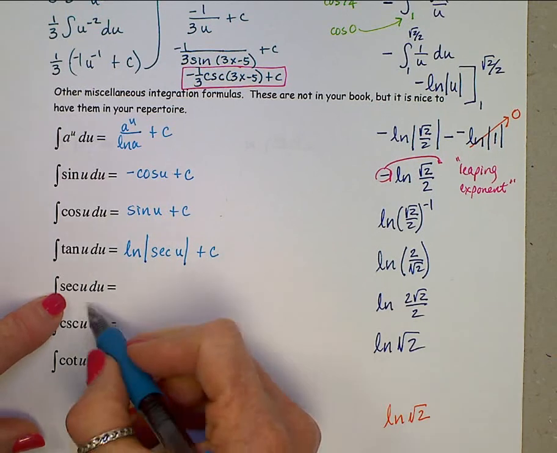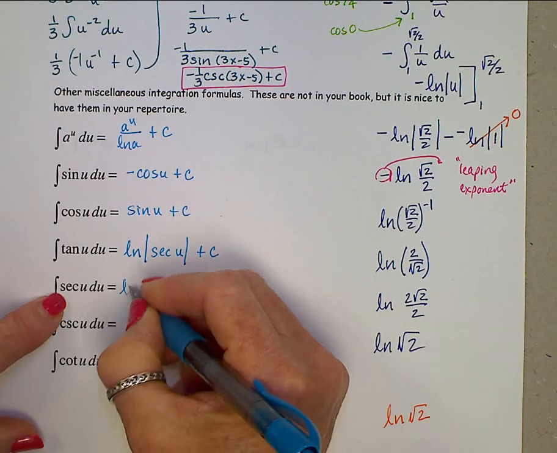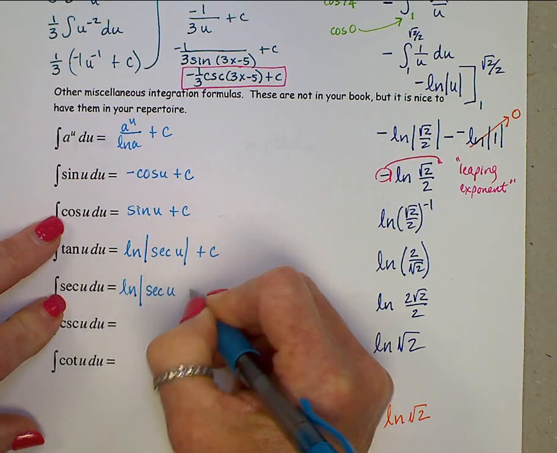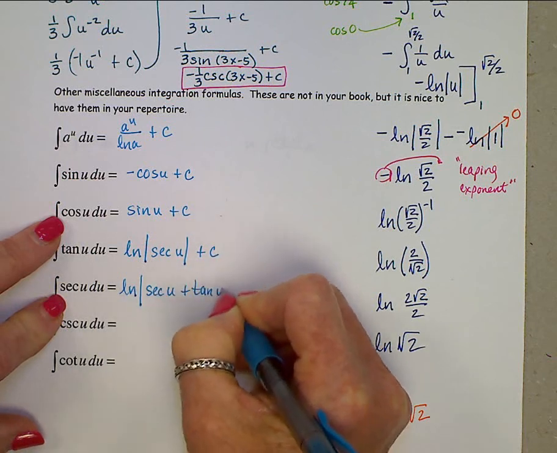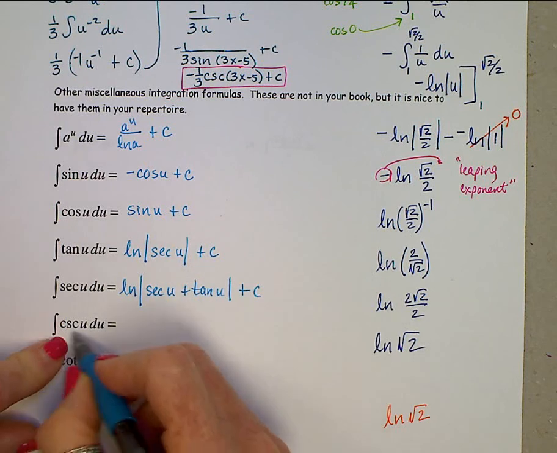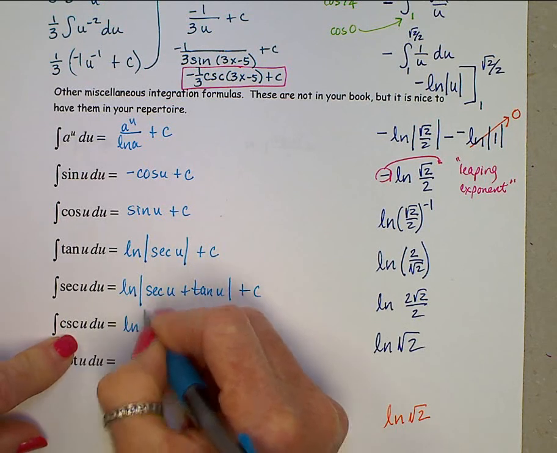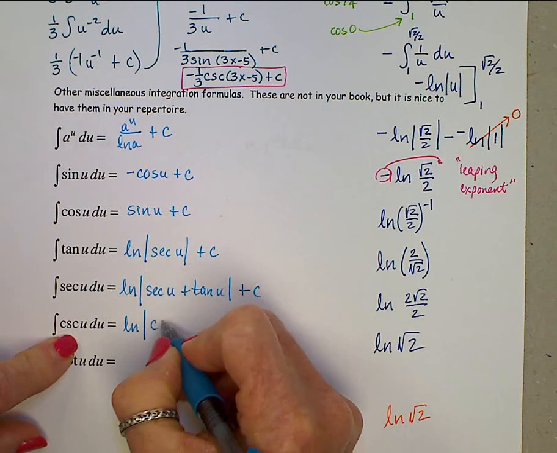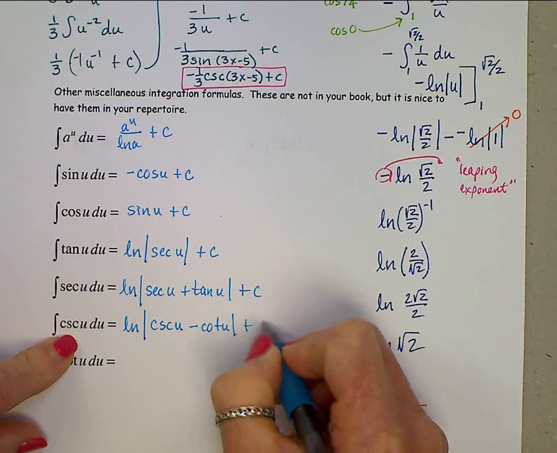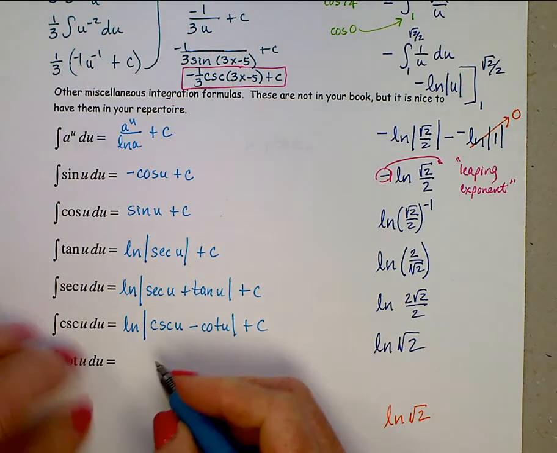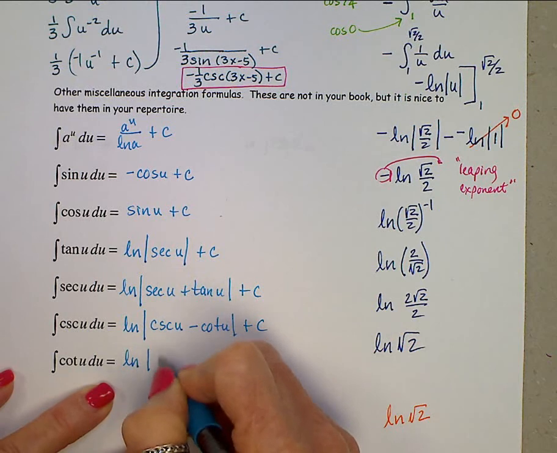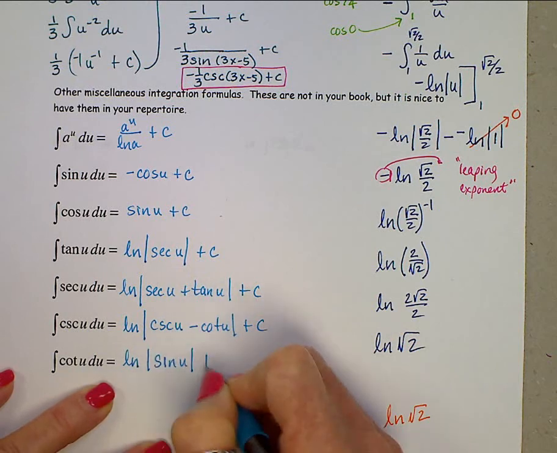Antiderivative of secant u is the natural log of the absolute value of secant u plus tangent u. The antiderivative of cosecant is natural log, absolute value, cosecant u minus cotangent u. And the last one, the antiderivative of cotangent u, is the natural log of the absolute value of sine u plus c.